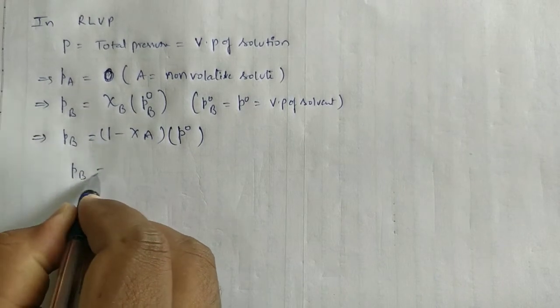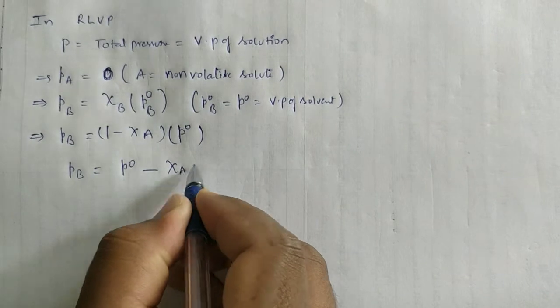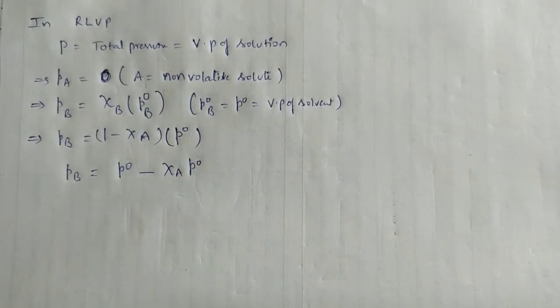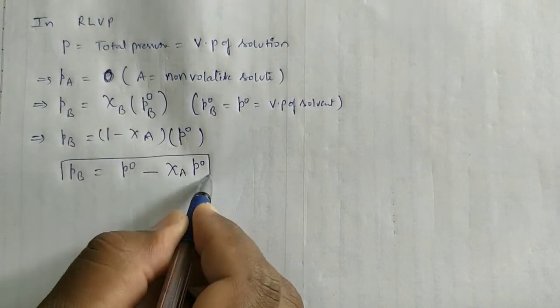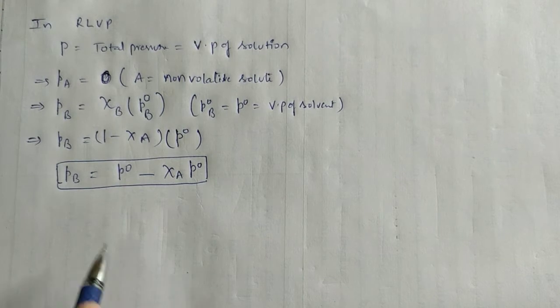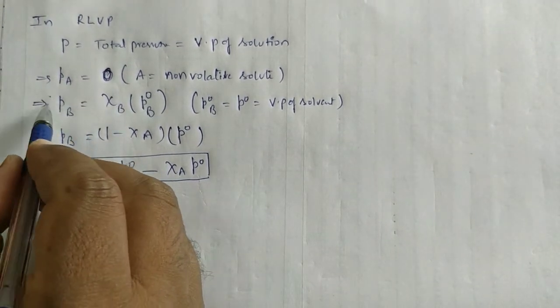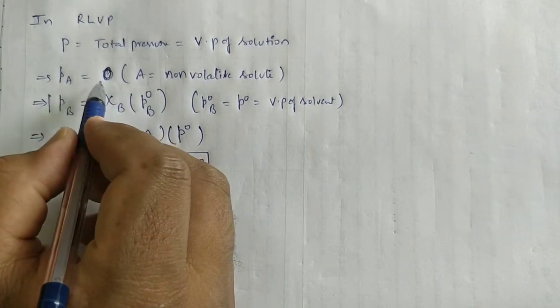Pb is equal to P naught minus chi a into P naught. This is the value of Pb, and this is the formula. Pa is equal to 0.